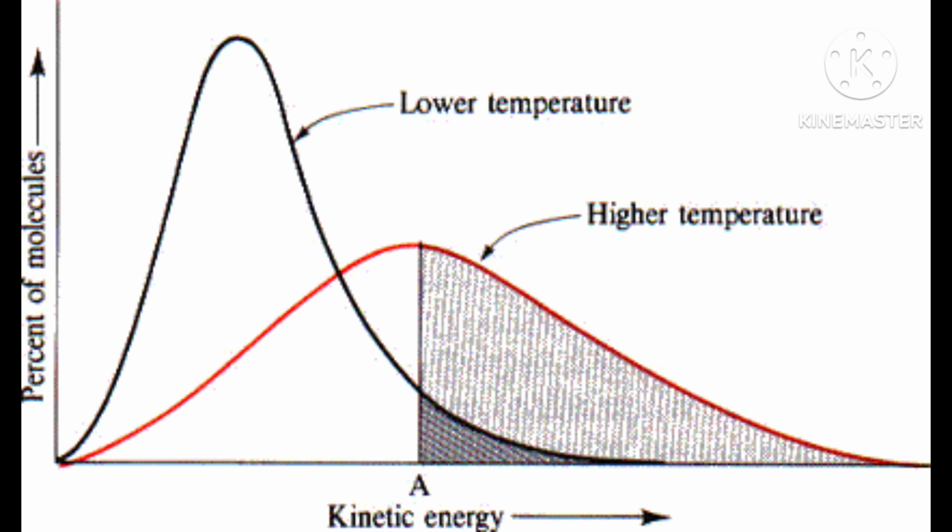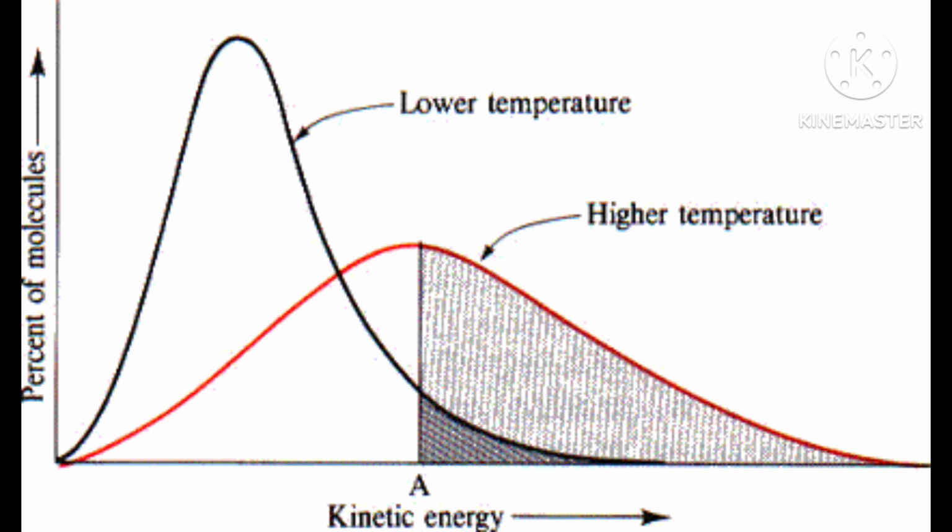But you will find that with time only a few students are running very fast, that is 10 out of 100. That is the fraction: the number of students having energy E divided by the total number of students, 10 divided by 100.